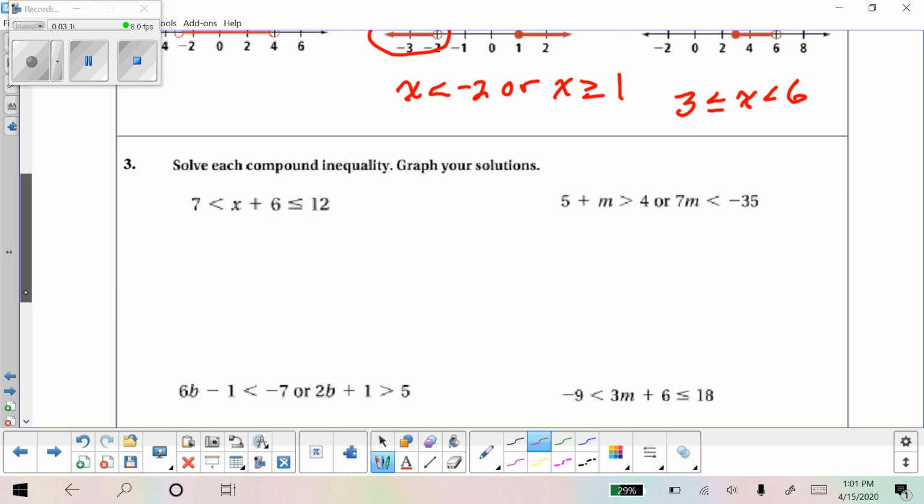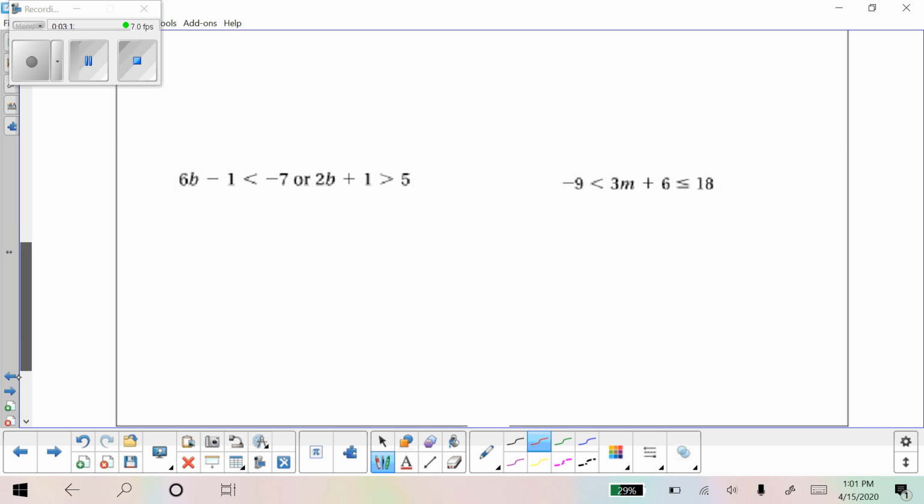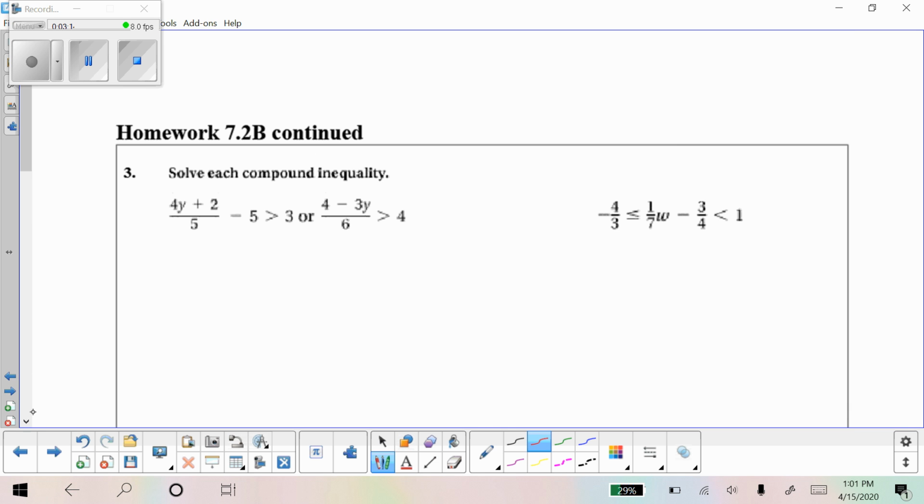All right, these next couple I think you can handle, but on the next page, let's talk about this one here where you have some fractions. Remember, there's a way we can get rid of fractions. You just need the lowest common multiple, so you have to think of these three numbers, 3, 7, 4. What do they all go into?